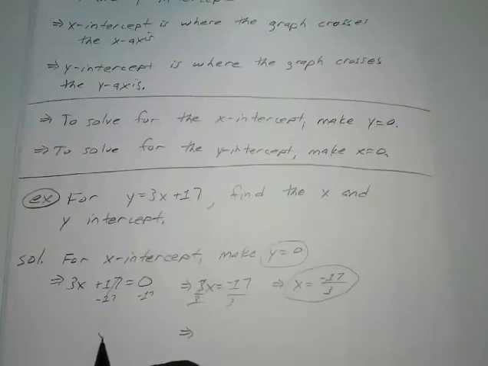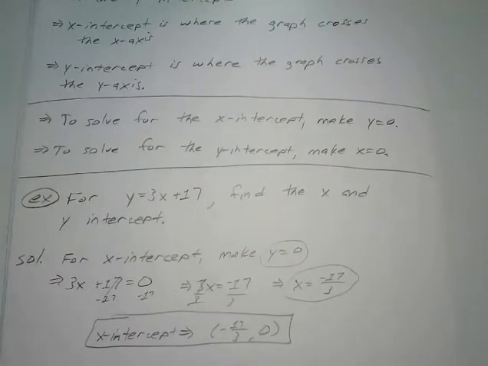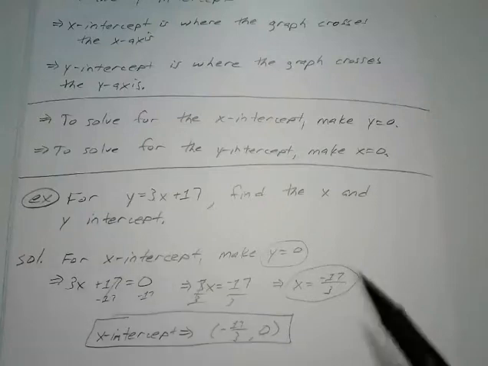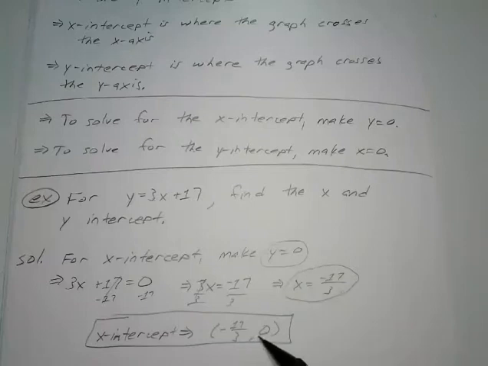That means our x-intercept is negative 17 over 3, 0. So that's your answer. Now negative 17 over 3 is not your x-intercept, it's your x value. This particular point is your x-intercept. That's an important thing to remember. Your x-intercept is an actual ordered pair. So when y equals 0, x is negative 17 over 3.